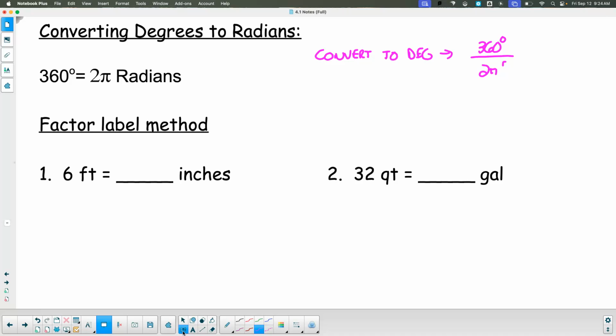Okay? Because that fraction is equal to what? It's equal to 1. Because it's the same thing. 360 degrees is the same thing as 2 pi radians, so that fraction is equal to 1. Or, if I didn't want such big numbers, I could do 180 degrees over pi radians.